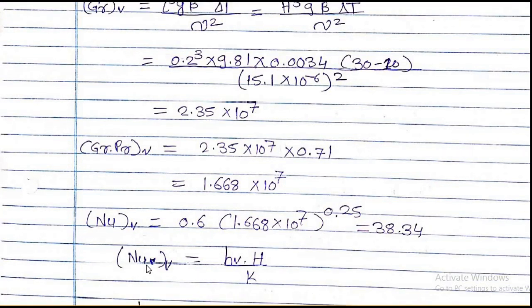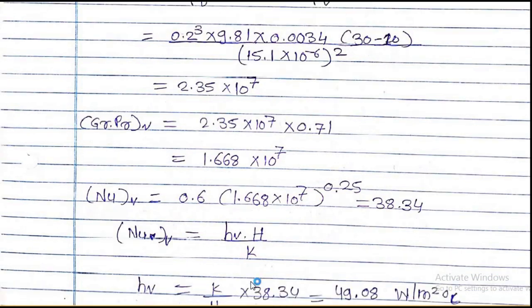We know that Nusselt number is equal to heat transfer coefficient multiplied by characteristic dimension divided by k. In the case of a vertical surface, the height of that surface is considered as the characteristic dimension. So Nu equals h_V, the heat transfer coefficient of the vertical surface, multiplied by height divided by k.